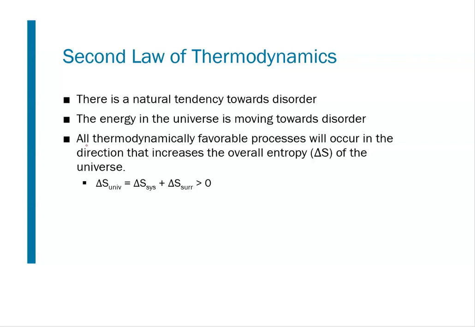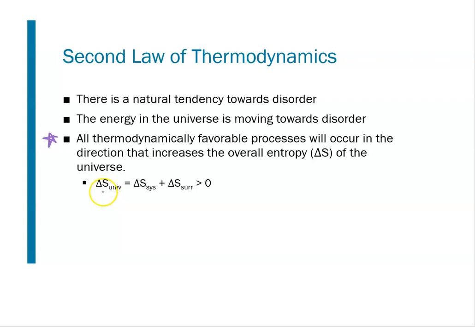So anything that allows there to be more disorder in the universe is going to occur naturally. This is our takeaway here. This is sort of the bread and butter of thermodynamics. All thermodynamically favorable processes will occur in the direction that increases the overall entropy of the universe.